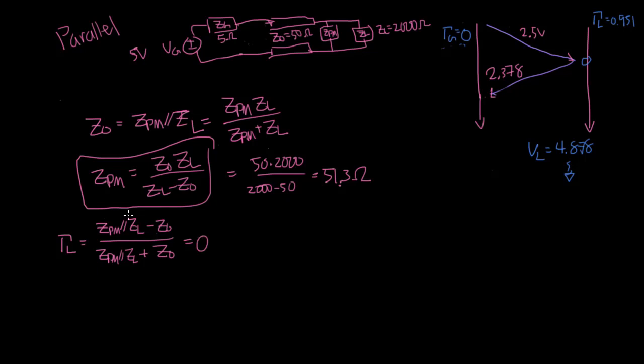And we know that's going to be 0 because we chose the value such that these two values would be equal. And then gamma G remains the same. So it was minus 0.818 earlier. So let's update our little picture here. So now gamma G is still minus 0.818, but that doesn't matter because gamma L is now 0.